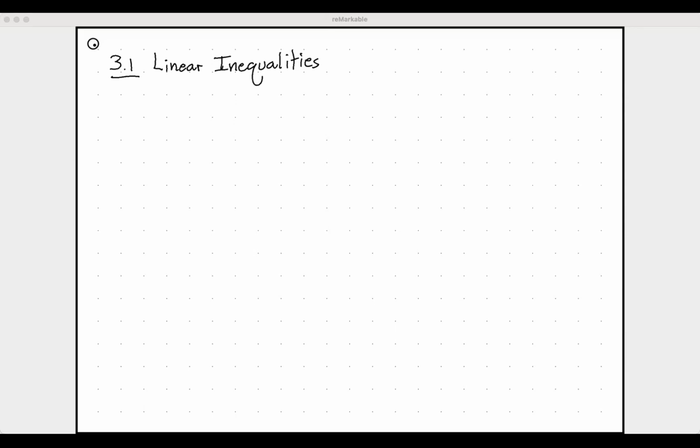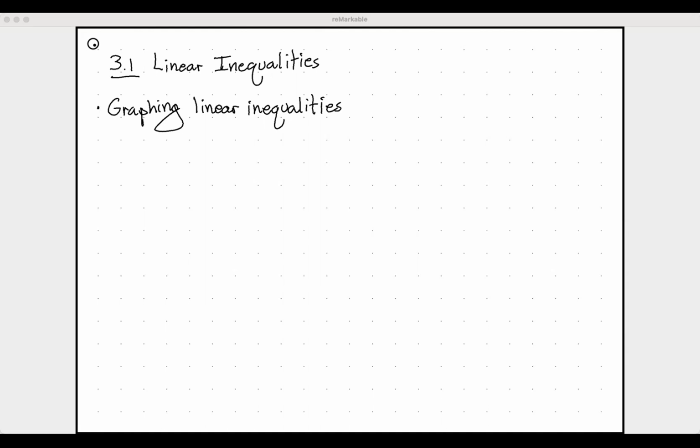Okay, so the first thing I wanted to look at was graphing linear inequalities. Because it might have been a while since you've done this, so I'll just briefly review, just do some examples.